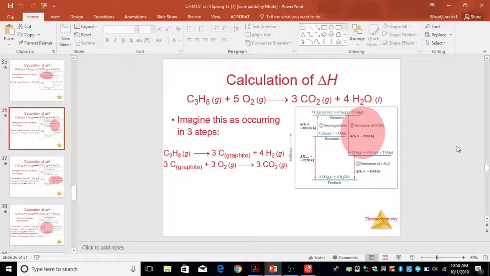So you're going to write an arrow, which yields 3CO2 as a gas plus 4H2 plus 2O2 as a gas. And my enthalpy value there is going to be a negative value because we're going down in energy, which is negative 1181 kilojoules. And I'm going to go back to Ladybug so you can see what yours should look like.